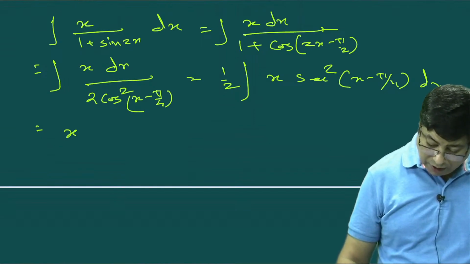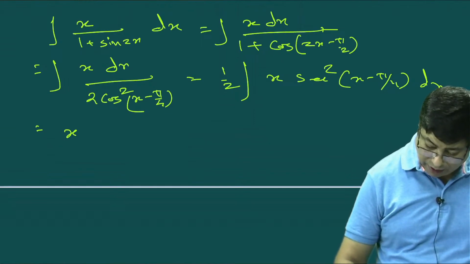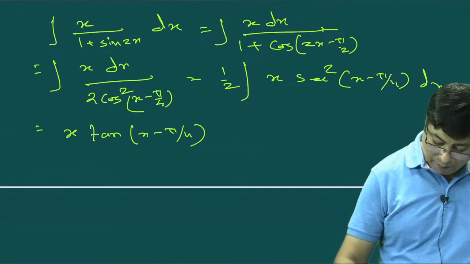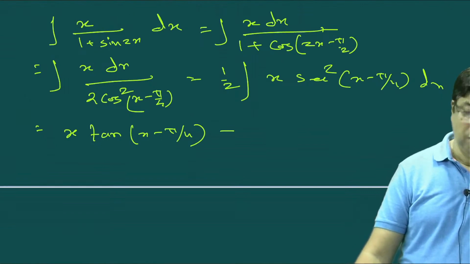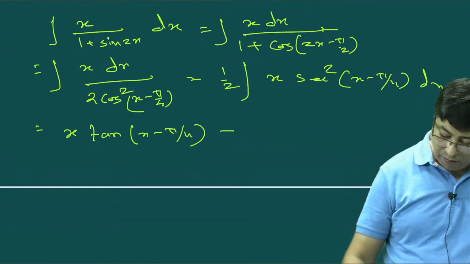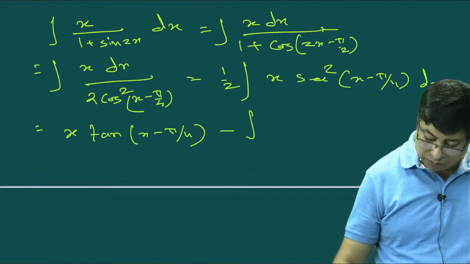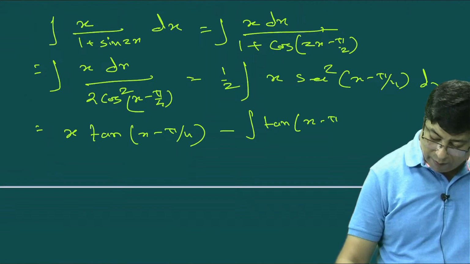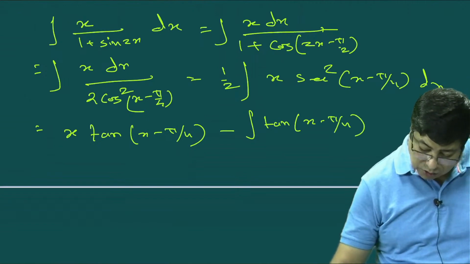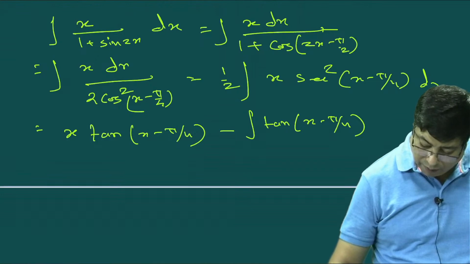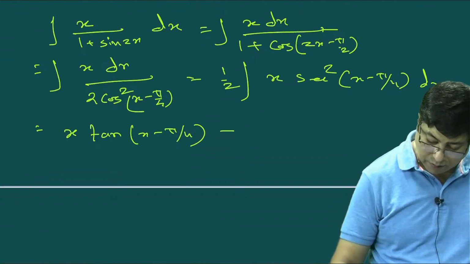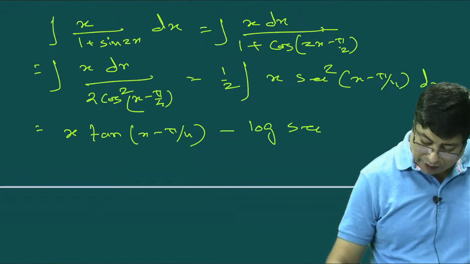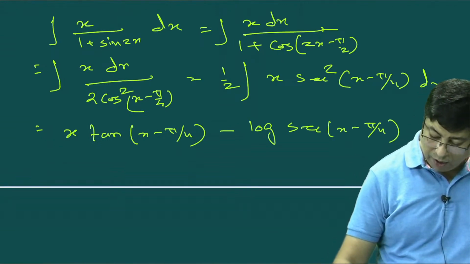U into integration of V, it means sec square integration is tan x minus pi by 4, minus integration of derivative of U. Derivative of x is 1, sec square is tan x minus pi by 4, on total once again integration. So directly everybody I am doing this. So this is coming log of sec of x minus pi by 4, sum is over.